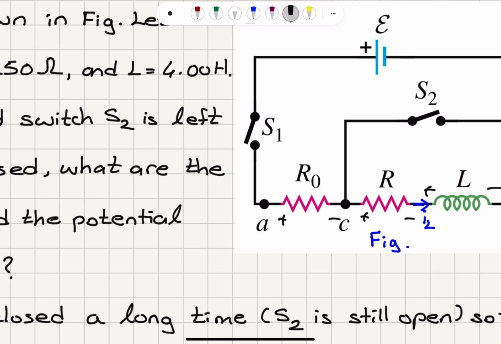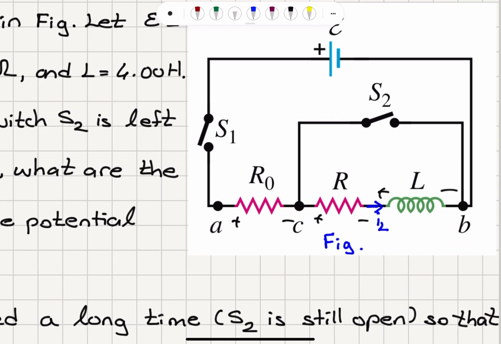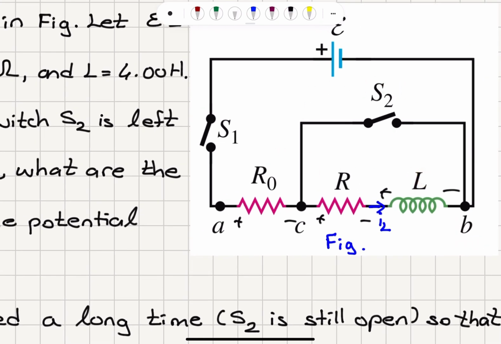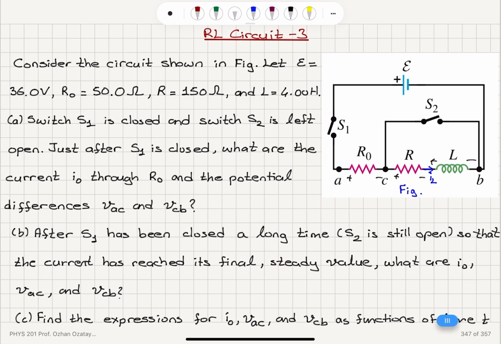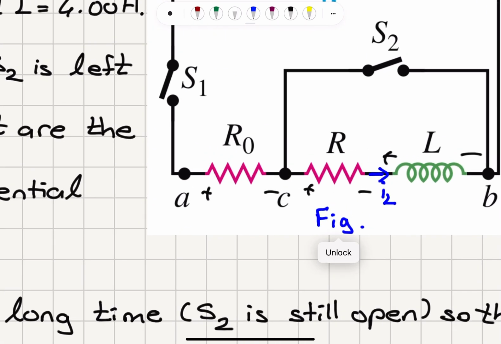Well, looking at the Kirchhoff voltage law here, VAC plus VCB is equal to epsilon.